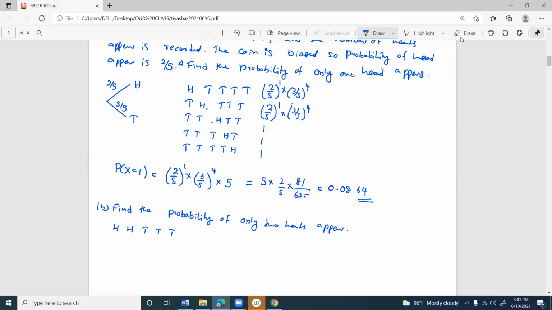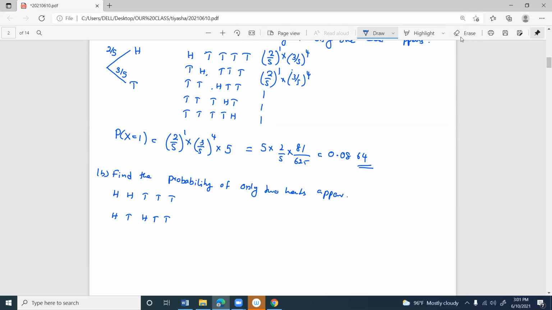Okay, this is one option. What is the second option? First one head, next one tail, again head, again tail, again tail. That one also gives 2 heads. Is that clear?